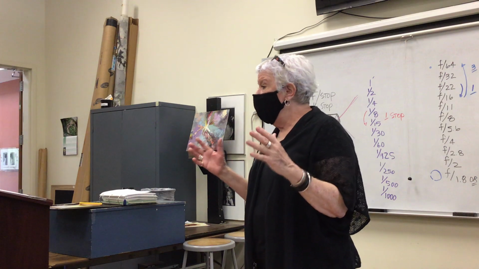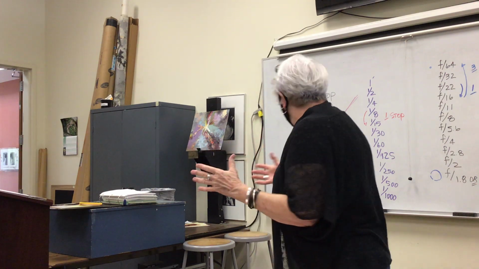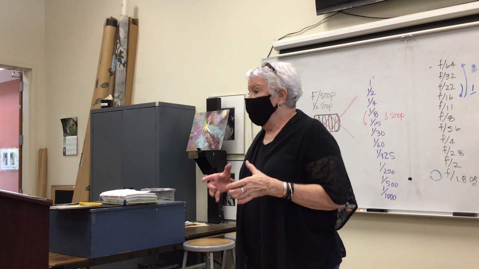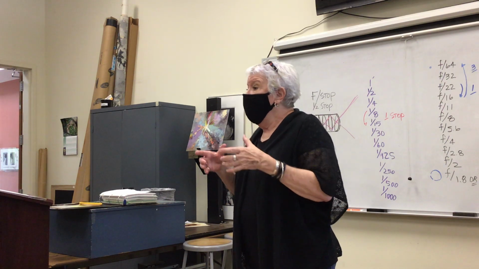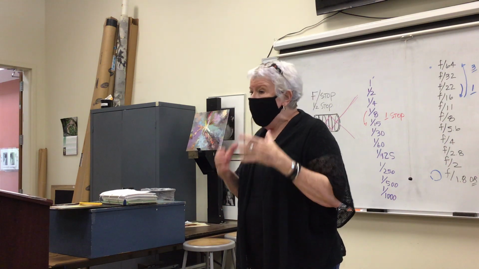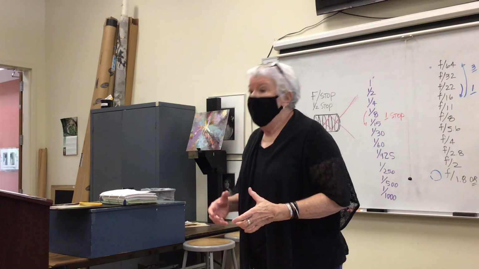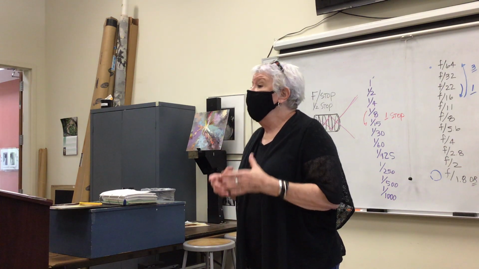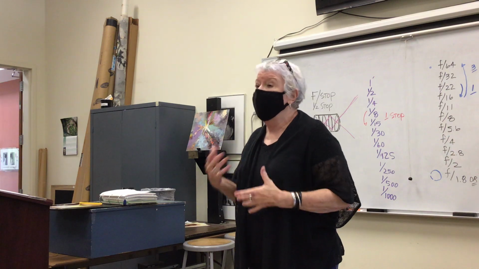And you want high megapixels, which talks about the sensors. The more megapixels you have, the more DPI you have, the better the final image. The more resolved, the more informed.